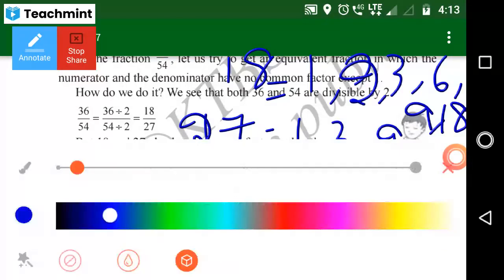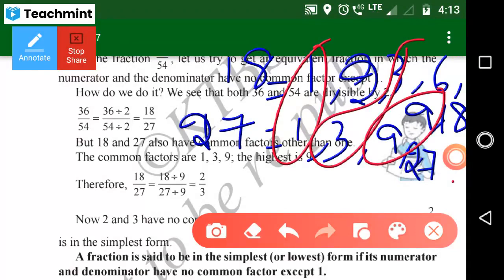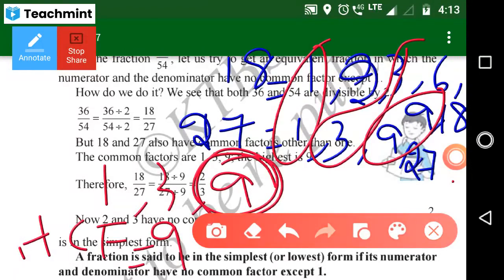Isn't it? So here we have to find out the common factor. 1 is the common factor, 3 is the common factor, 9 is the common factor. 1, 3, 9. So you are going to find out the HCF. Which one is the highest common factor? 9.